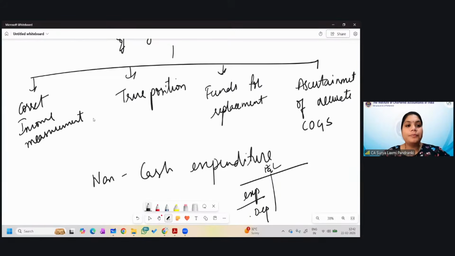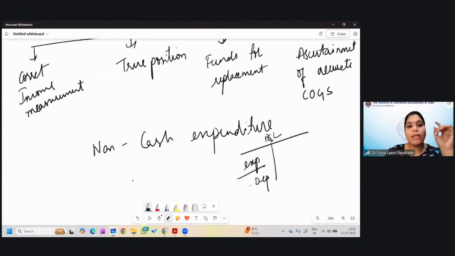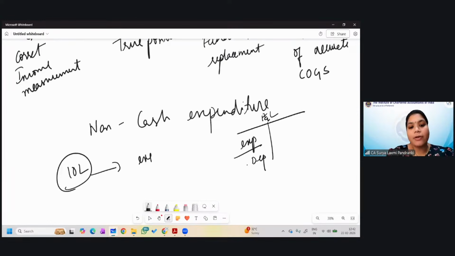Now, this non-cash expenditure is shown in your P&L statement as part of your expenditure. It is almost like the matching concept. You know what the matching concept is? You have to match your income and expenses. When I have purchased an asset for 10 lakhs, I have to match this with my expenditure too.